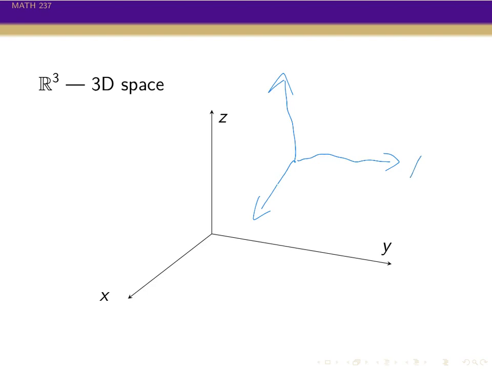The y-axis is going horizontally, the z-axis is going up and down, and those 2 axes are lying flat on the screen in front of you, and then shooting out towards you is the x-axis. So think about the x-axis as coming straight out at you.